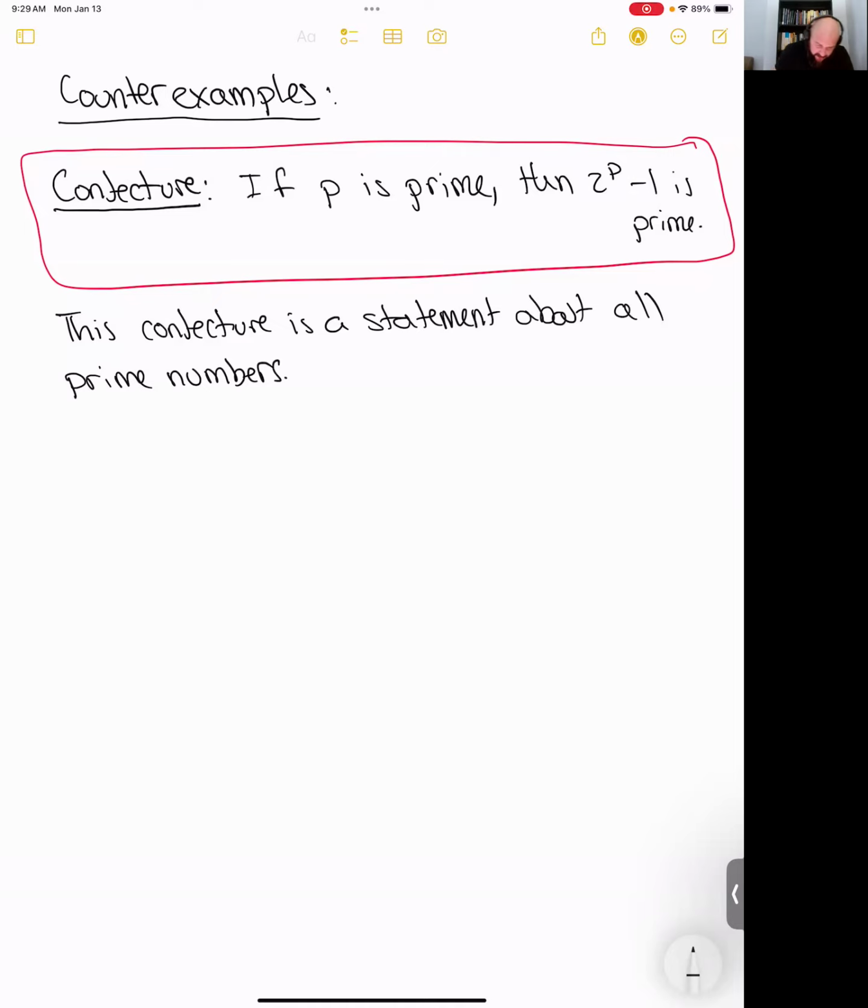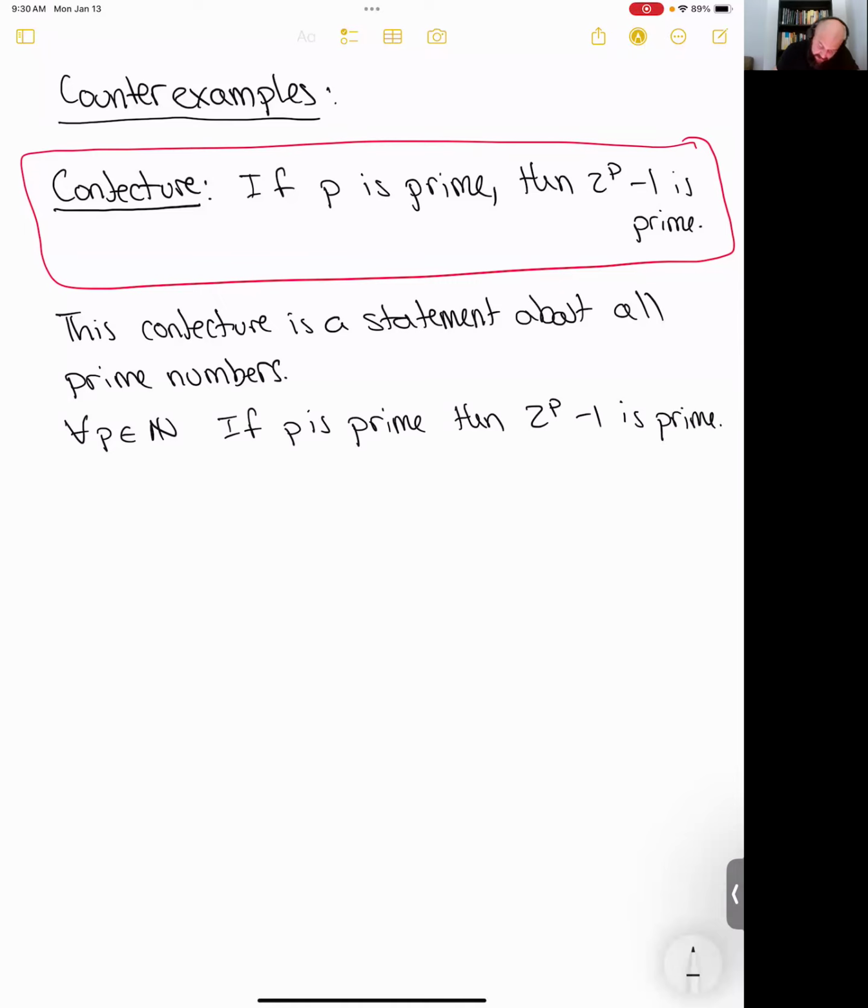Now, oftentimes in mathematics, we write things like this. If P is prime, then 2 to the P minus 1 is prime. And the quantifier is not so explicit, but it's implied here that we're saying for all. So another way of saying this is for all P natural numbers, if P is prime, then 2 to the P minus 1 is prime.